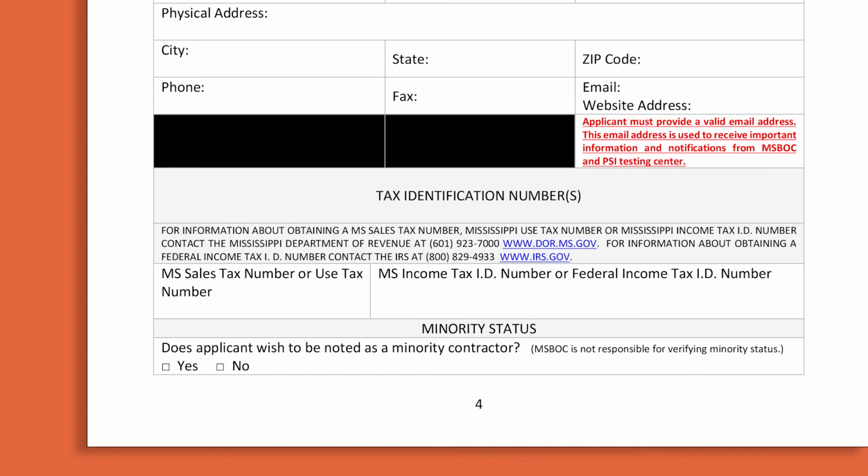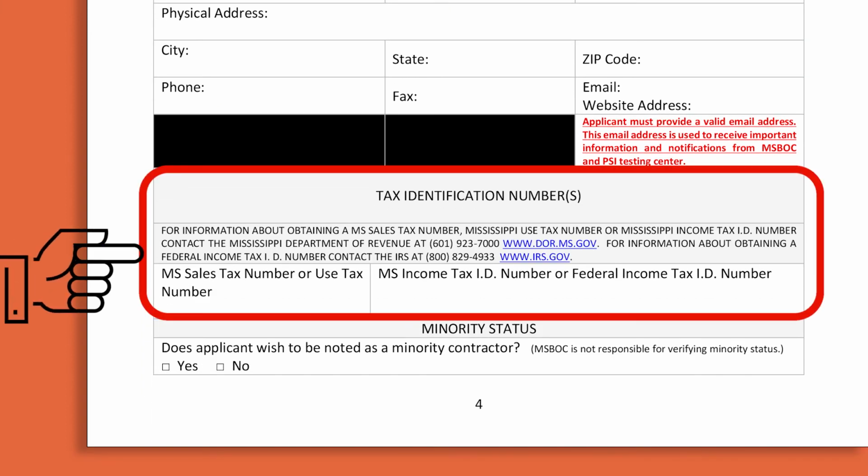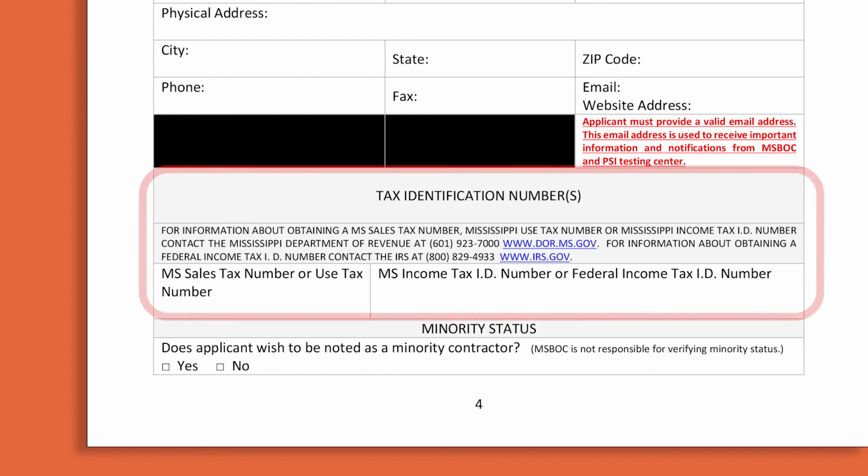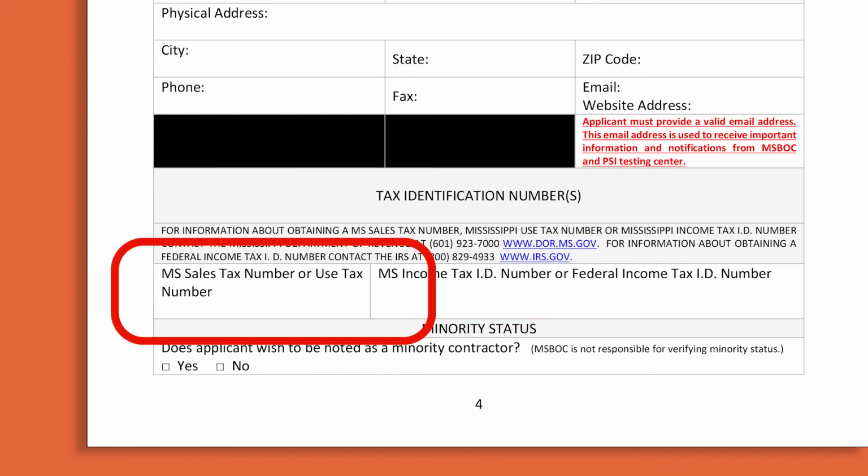You must provide a Mississippi Income Tax ID number or a Federal Income Tax ID number if you are a corporation, limited liability corporation, or limited liability partnership. If you are a sole proprietor, you must provide your Social Security number. A Mississippi sales tax number or use tax number is required on all commercial applications.